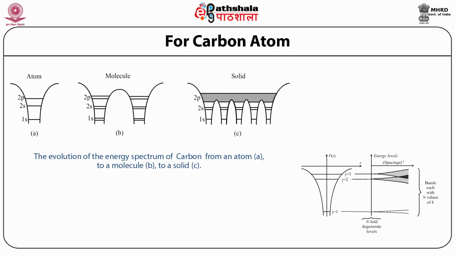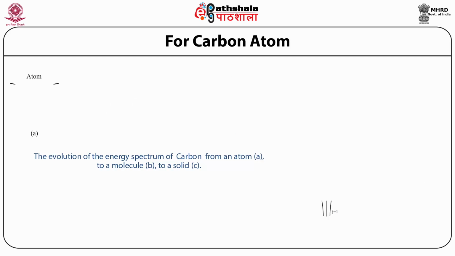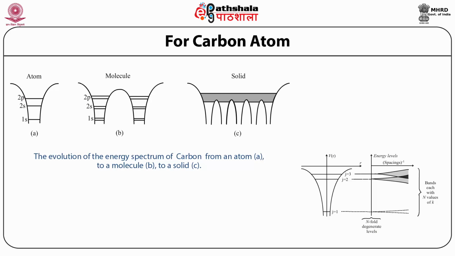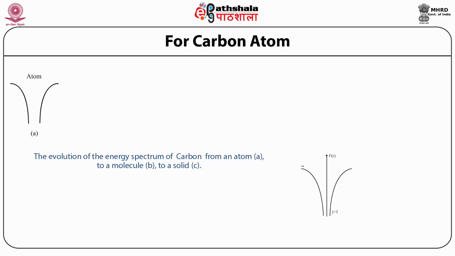Due to a coupling between the atoms, each of the atomic levels, that is 1s, 2s, 2p, has split into two closely spaced levels, which are molecular energy levels composed of two sub-levels.